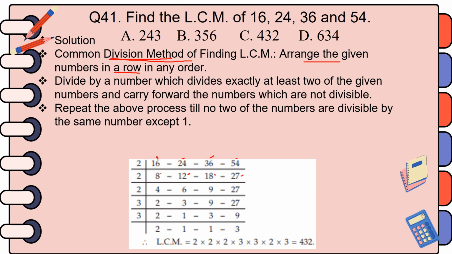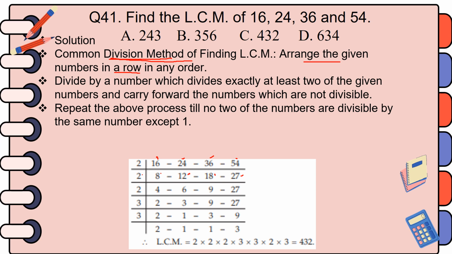Take 8 and 12. You can divide 8 and 12 by prime number 2. Then you have two numbers which can be divided by this prime number 2. Then you can ignore the others.